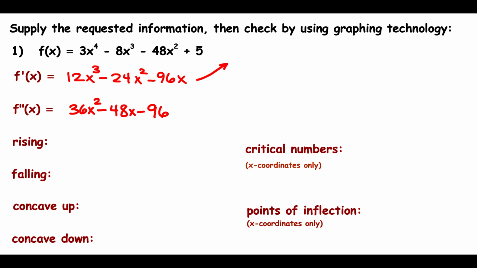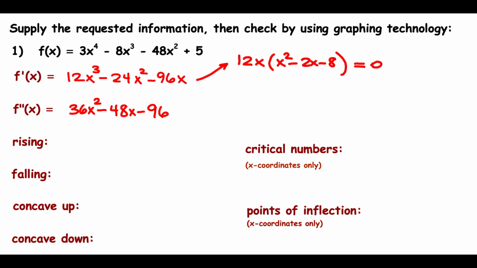For starters, we can take out a 12x. That's going to leave us inside with x squared minus 2x minus 8. Since we're looking for critical numbers and where it's rising and falling, I'm going to set this first derivative equal to 0.